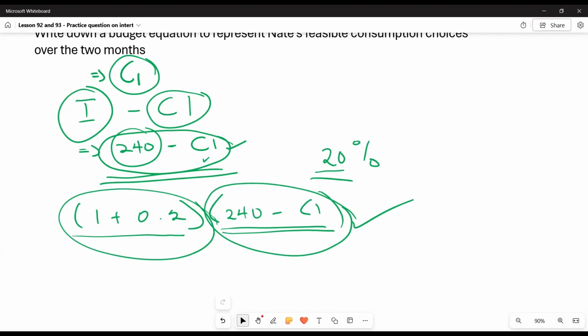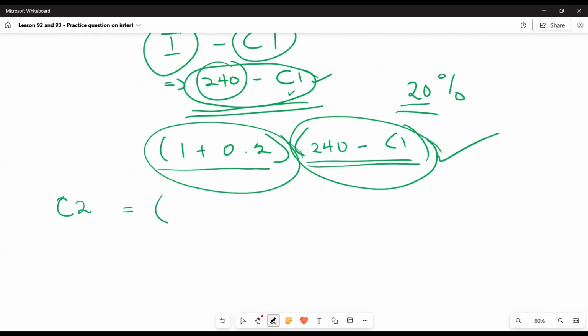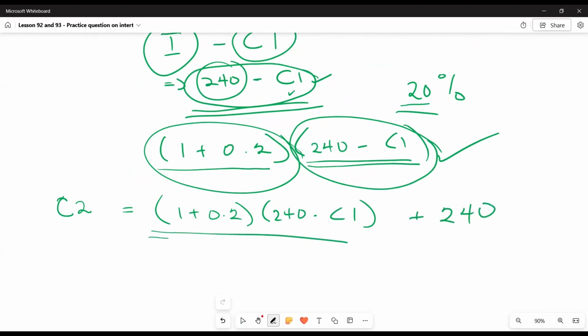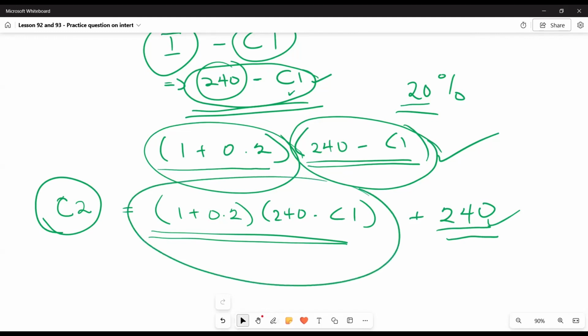So consumption in the second period is therefore going to be given by C2 being equal to 1.2 times (240 minus C1) plus 240, where we know that this amount is from the first month plus the interest that is earned, and this amount is the income that Nate gets in the second period. Consumption in the second period is going to be a factor of the income that Nate gets in the second month and then the amount that Nate brings from the first month.